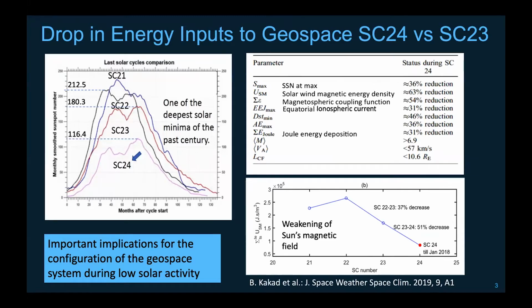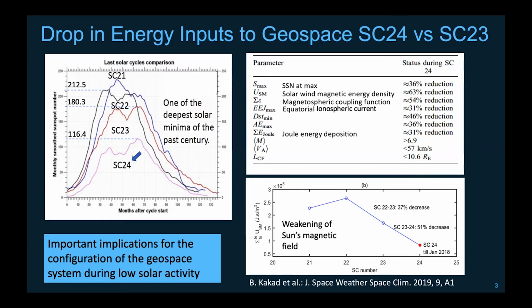And if you look up, you can see that there's a list of how much reduction there has been. That's reduction with respect to solar cycle 23. So the sunspot number went down 36%. The magnetic energy density in the solar wind, 63%. The coupling function, 54%. Some of the current systems went down 30 to 40%.